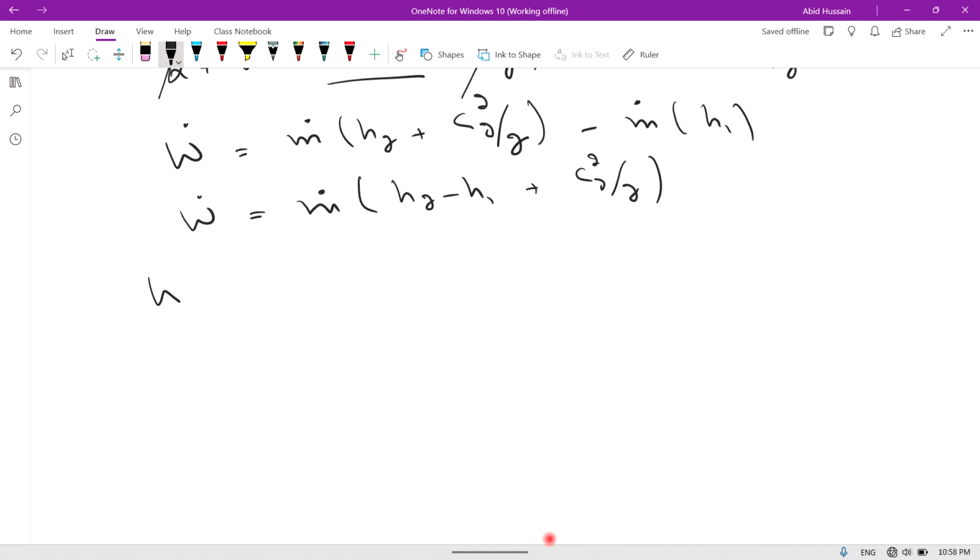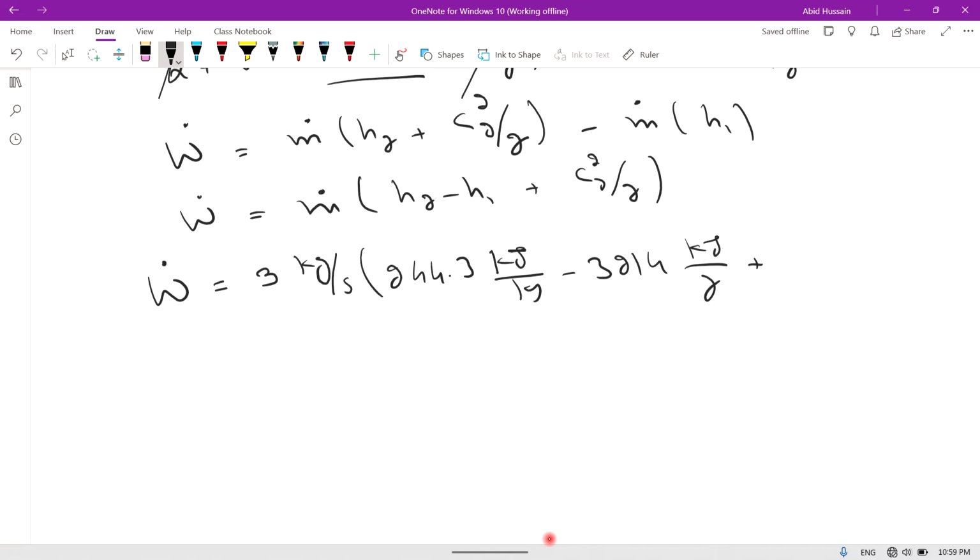Now W dot is equal to, the value of m dot is 3 kilogram per second, the value of H2 is 2443 kilojoule per kilogram, minus the value of H1, which is 3214 kilojoule per kilogram, plus C2 square, the value of C2 is 152.3 meter per second, whole square divided by 2.